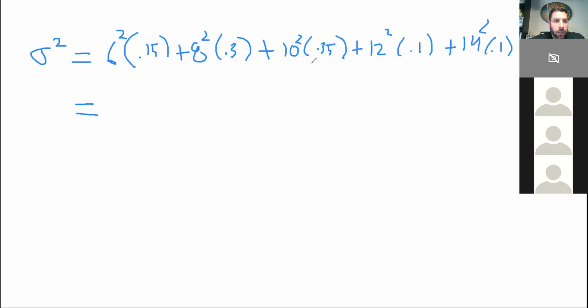Once again, you have to go to a calculator to figure all this out, or something like your friend Excel. So I'm going to go to the calculator and square each one of these. If I do this, the first thing I get is 93.6, and then it's minus 9.4 squared.